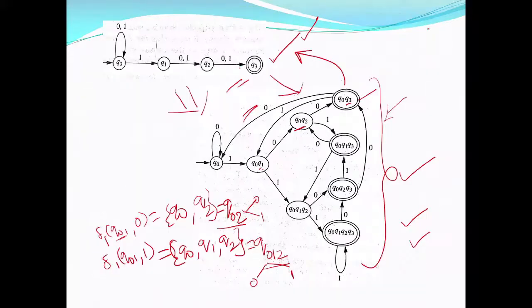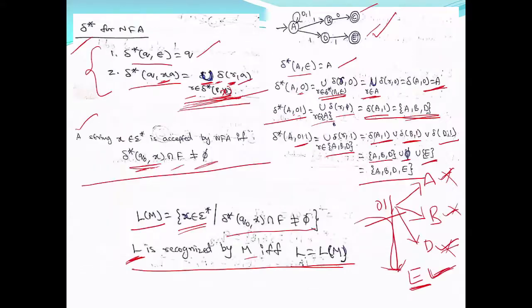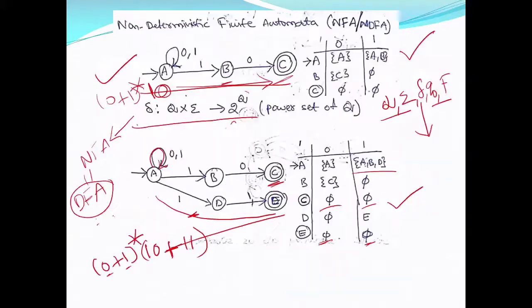Earlier it was Q cross sigma to 2 power Q. Look at this NFA definition, here: Q cross sigma to 2 power Q. That means one state and one input symbol to many number of states.